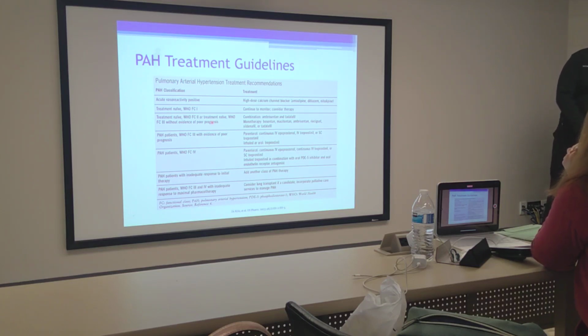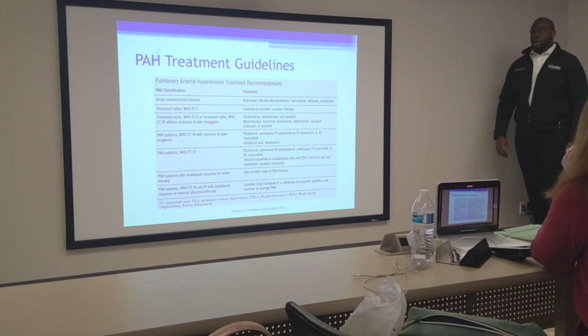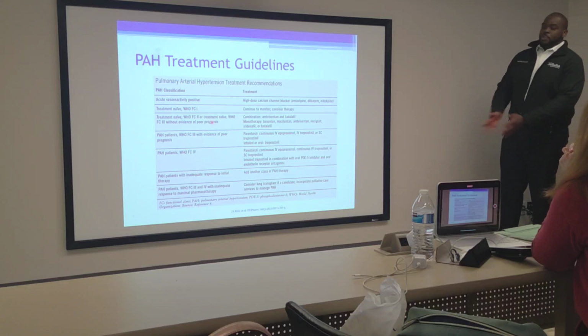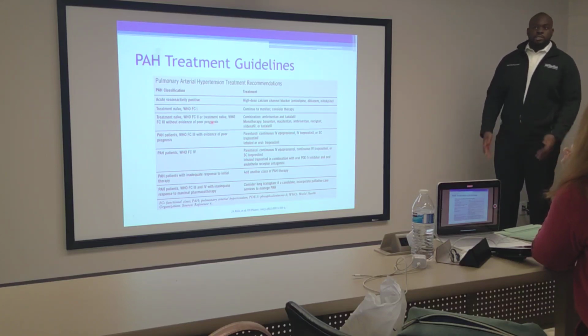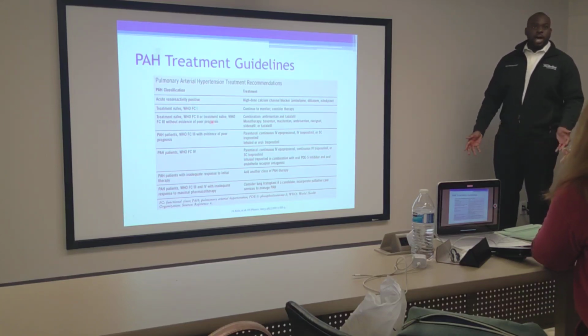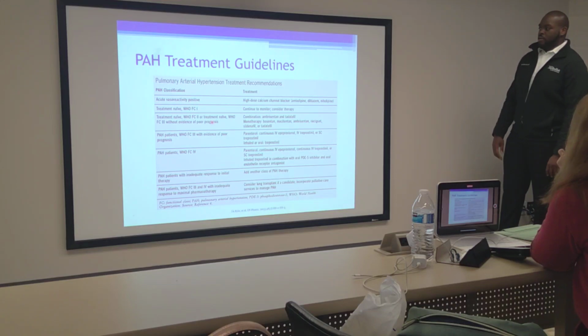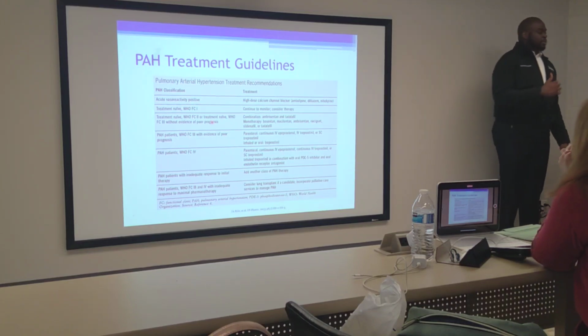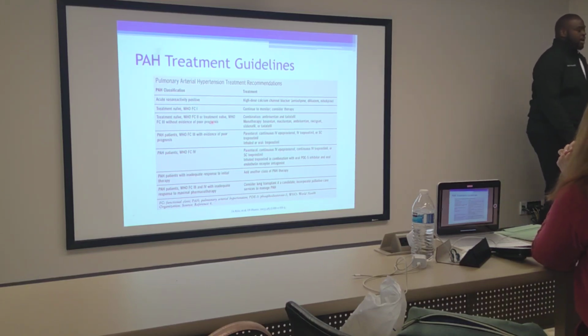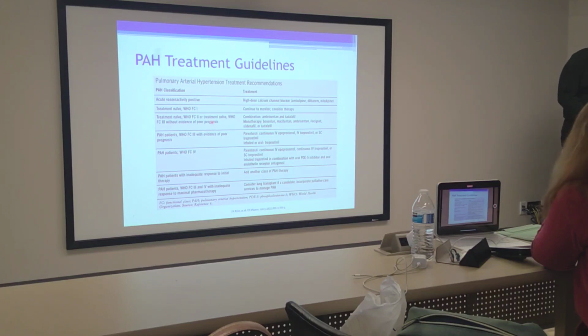And we have next our FC4, which these patients are pretty much on parenteral therapy. Remember, these patients cannot move without having some type of symptoms, and they have signs of right heart failure. So with those patients, they're definitely on the parenteral therapy that I just talked about. This is wrong here.